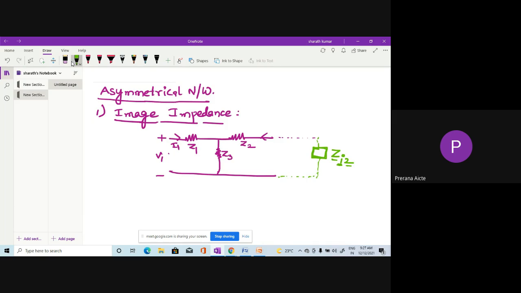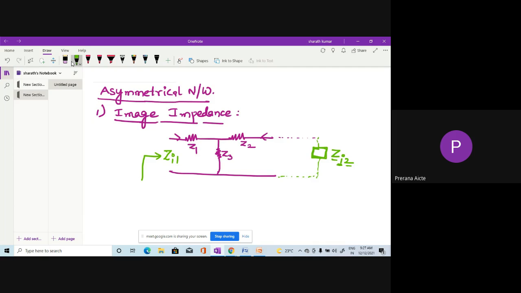Then if you look from port 1, what you observe is ZI1.